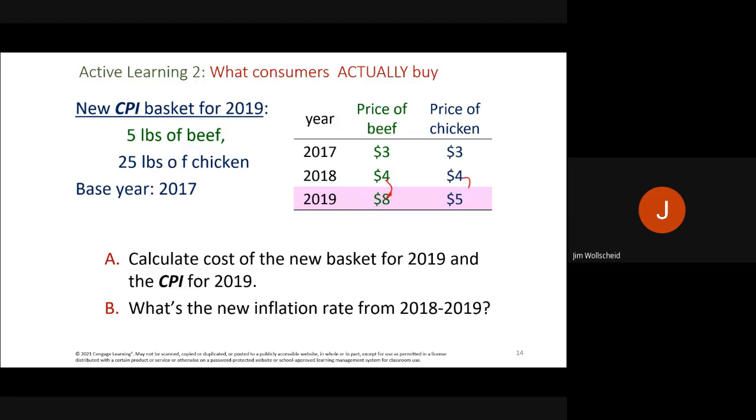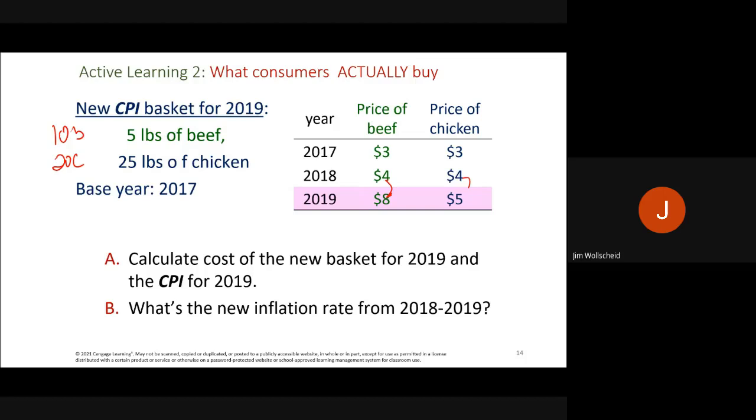Well, it went up, but not by as much. So if this was reality, the average consumer in 2019 wouldn't still be buying 10 beef and 20 chicken. No, we would substitute, or our quantity demanded would change.